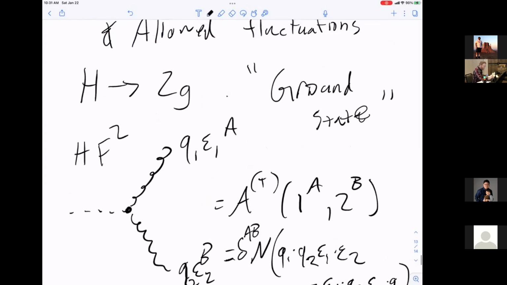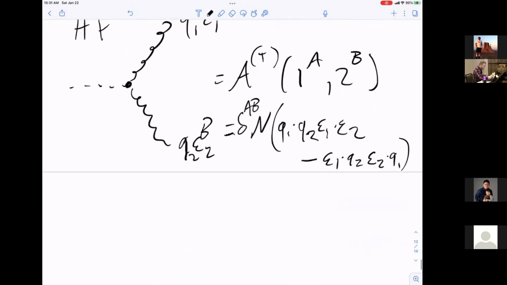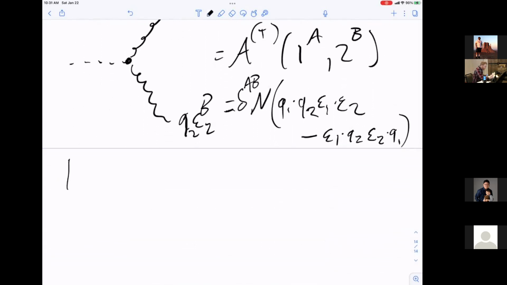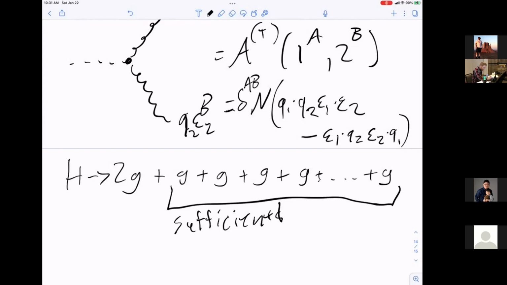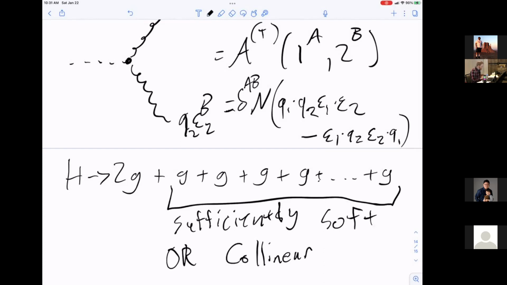Now, what are the allowed fluctuations around that? Well, I could consider my Higgs decaying to those 2 hard gluons plus a whole bunch more gluons. And as long as these are sufficiently soft, or collinear. Collinear to what?